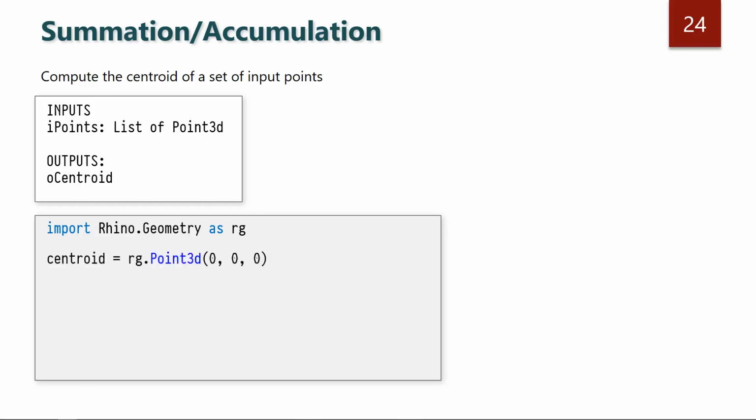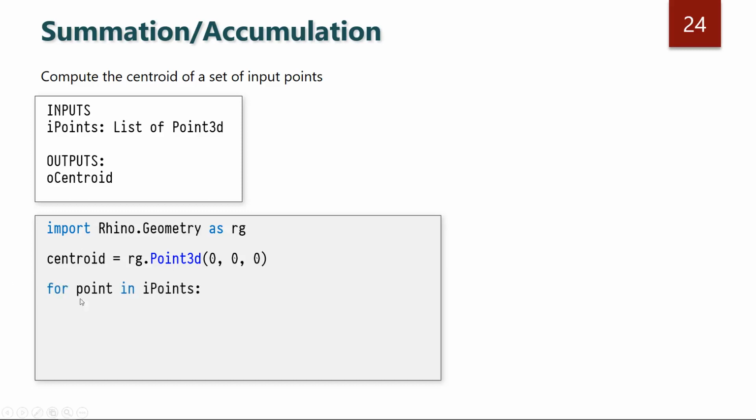Okay, so before we start the for loop, we create the sum variable, called centroid, right? And the centroid we initialize to a point whose coordinates are 0, 0, 0. So at this point, it's really not a centroid yet. It's just a temporary variable where we're gonna store the sum, the accumulation of the XYZ values.